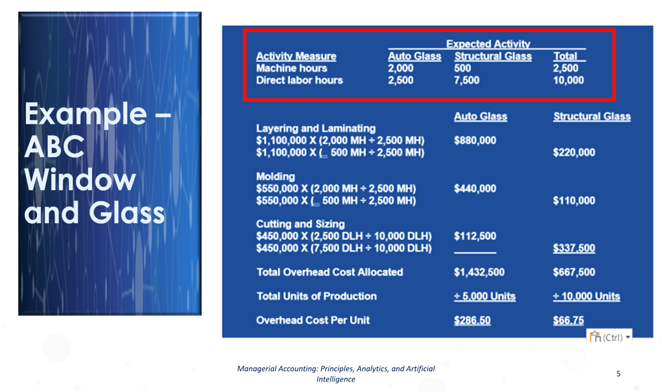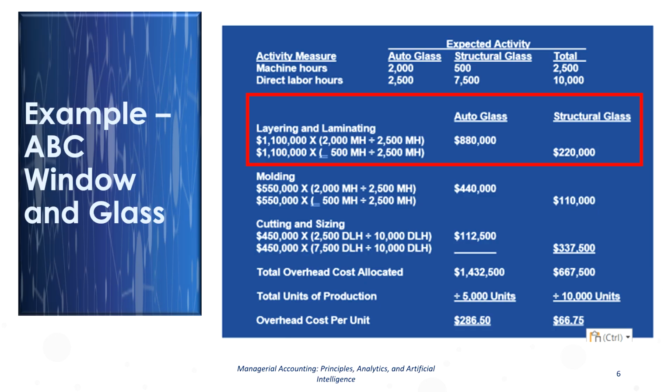You'll notice that auto glass is expected to consume 2,000 machine hours, while the production of structural glass is expected to consume 500 machine hours in the red highlighted box. Auto glass is expected to consume 2,500 labor hours, whereas structural glass is expected to consume 7,500 labor hours.